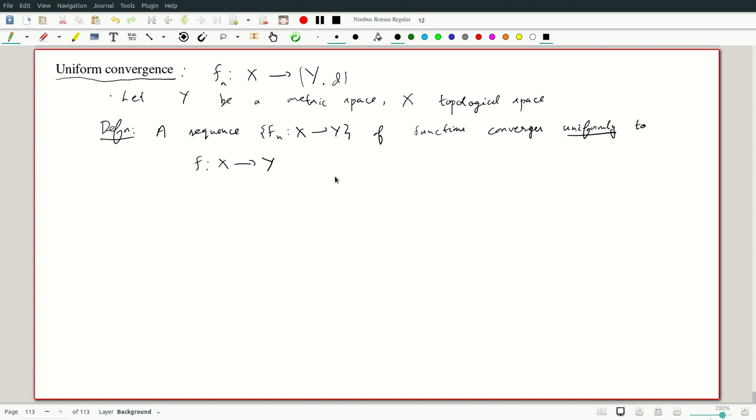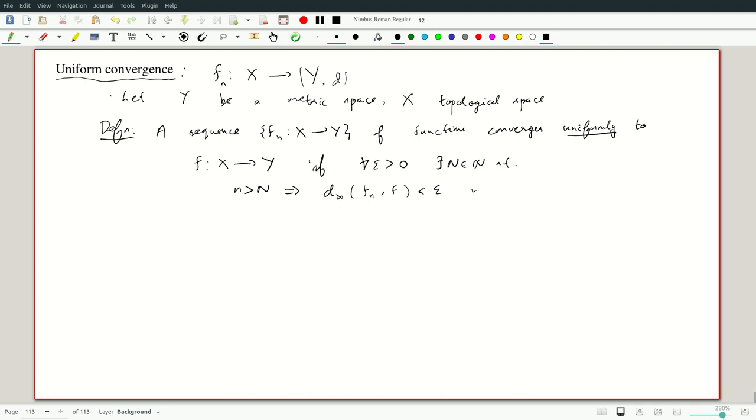In the application, we'll see it will actually just be R itself. f_n converges to f from X to Y if for all epsilon greater than 0, there exists N in the naturals such that n greater than N implies that the distance, and I'm going to write it d infinity, of f_n and f is less than epsilon.